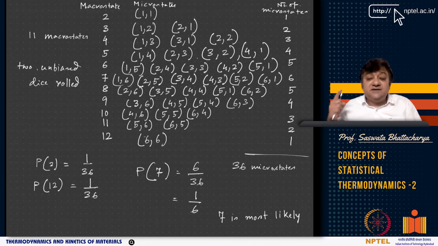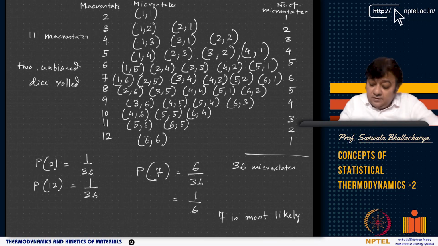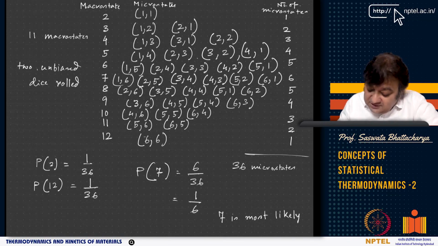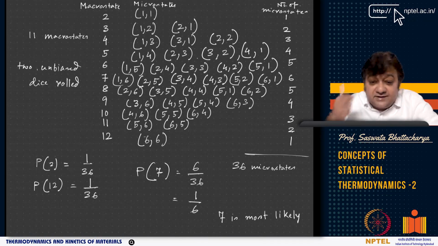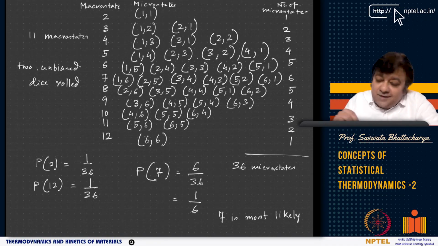6 out of these 36 microstates correspond to the macrostate of 7. So, using that information, I can write the probability of finding a macrostate of 7, or the probability of finding microstates that will give rise to a macrostate of 7.